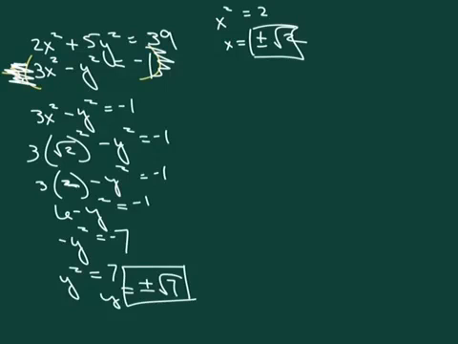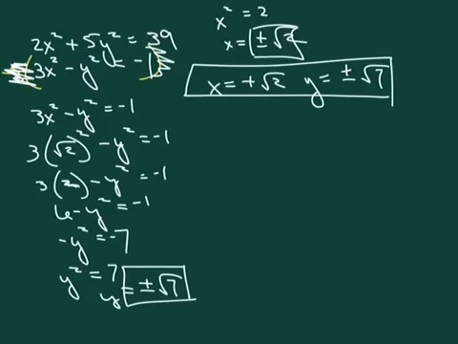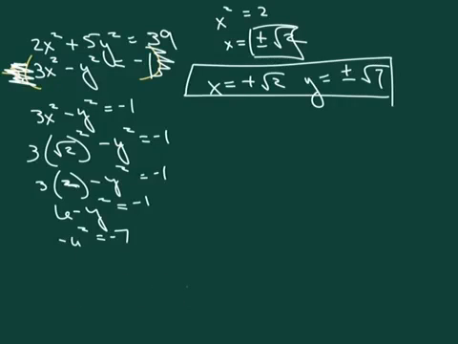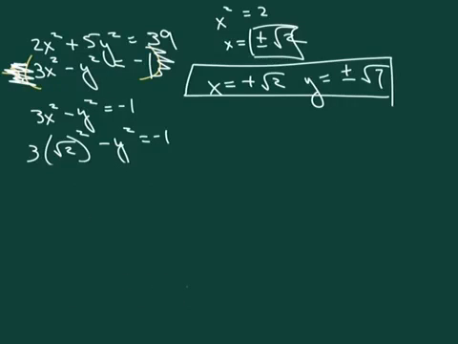So when x is a positive square root of 2, y equals plus or minus the square root of 7. Alright, so we'll just hold on to that right now. We'll get to what we do with that in a minute. So that was when we plugged positive square root of 2 in. Alright, now let's get rid of all this, and let's plug in a negative square root of 2, because we're going to do the negative part there.